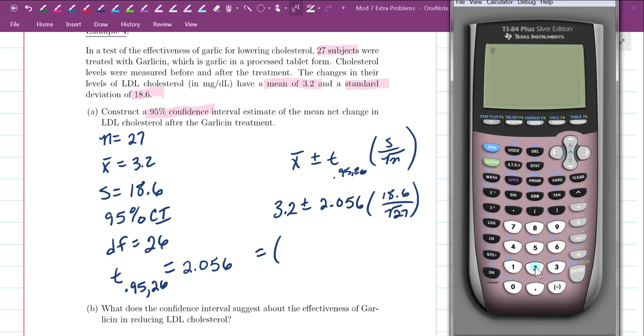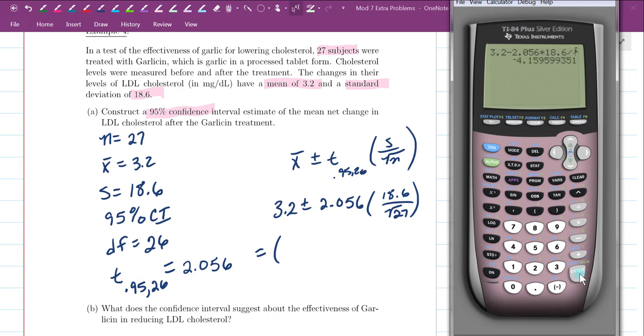Okay, so we have 3.2 subtract 2.056 multiplied by 18.6 divided by the square root of 27.